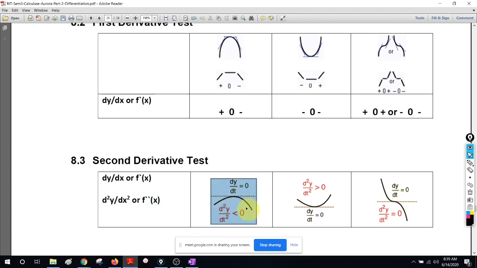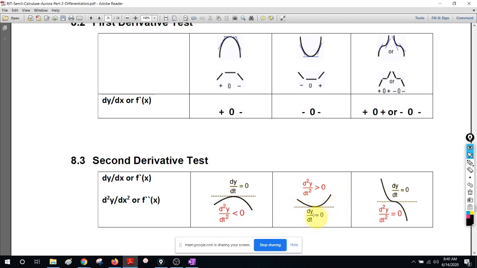I'm not going to do the proof because it's a little bit of an advanced concept that I don't want to spend a lot of time on at this level. If at that point the first derivative is 0 and the second derivative is positive, we can say that it is a minimum.